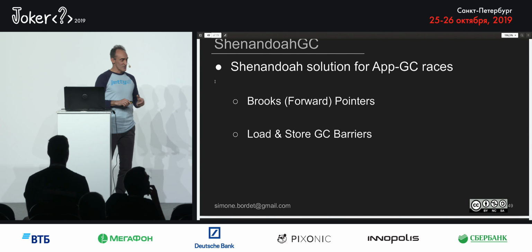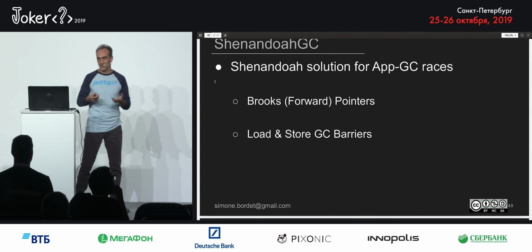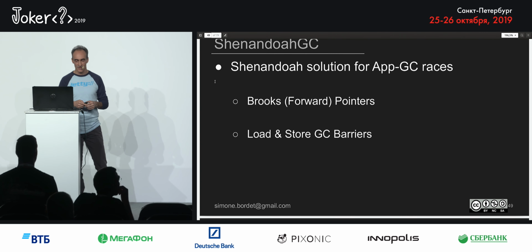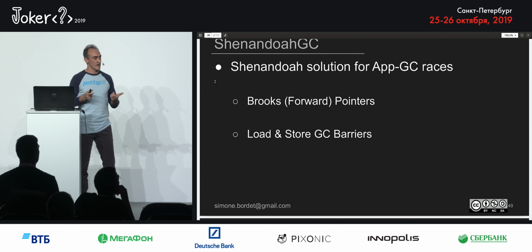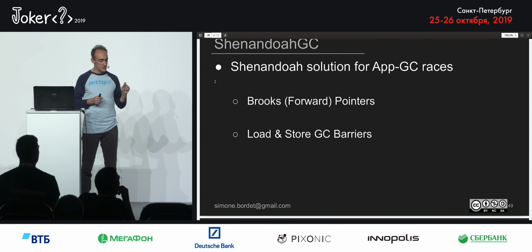All right, so what's the algorithm for Shenandoah to fix the race problem with application threads? It's different than ZGC. It uses two different techniques. One is called Brooks pointers, and it also uses GC barriers.